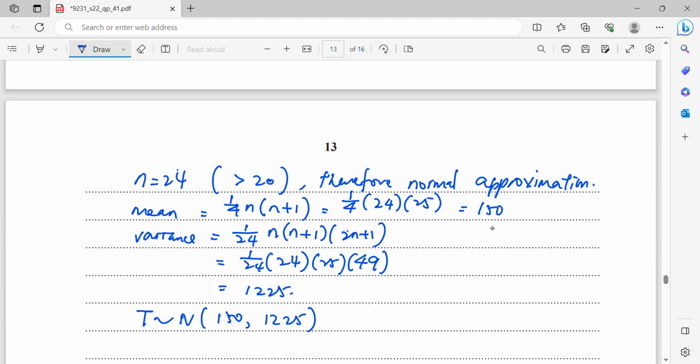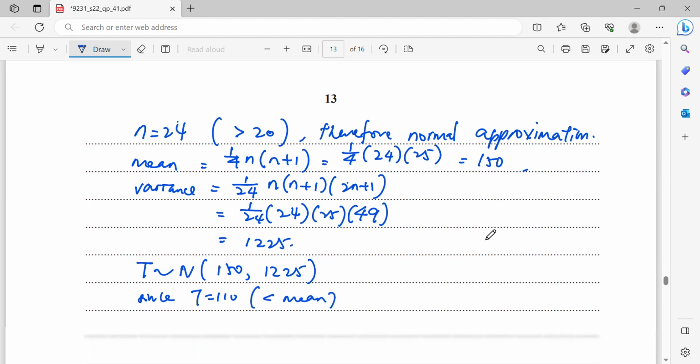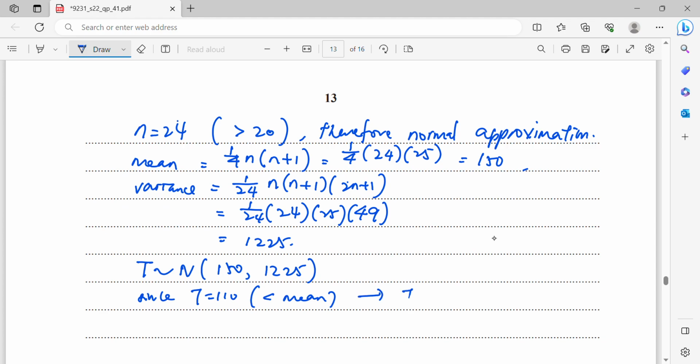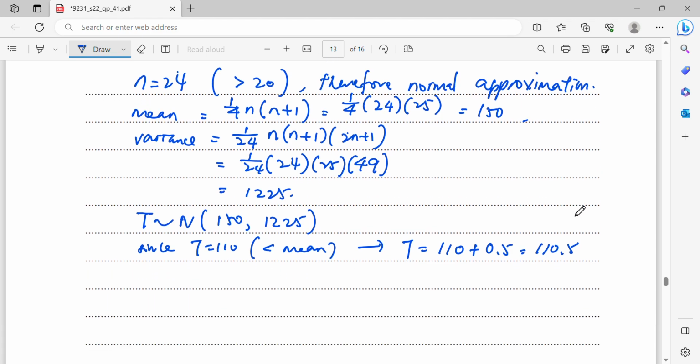Since T is 110, which is less than the mean, because the mean is 150, therefore your T will be 110 plus 0.5, because this is normal approximation. So now it becomes 110.5, and we are going to use T as 110.5 for this calculation.